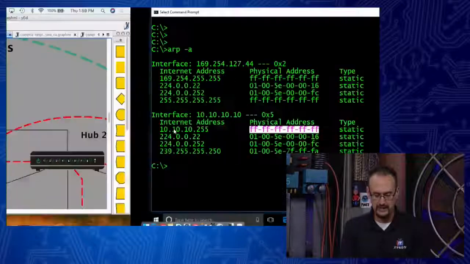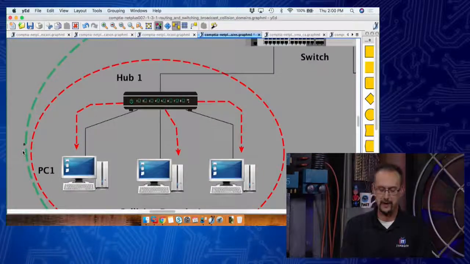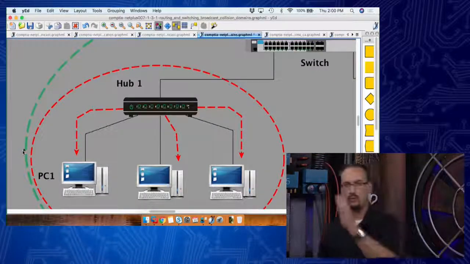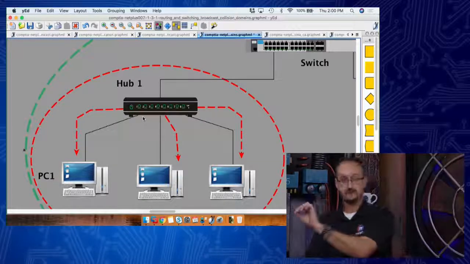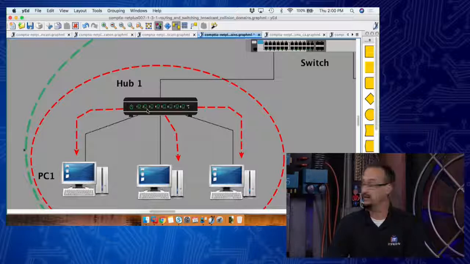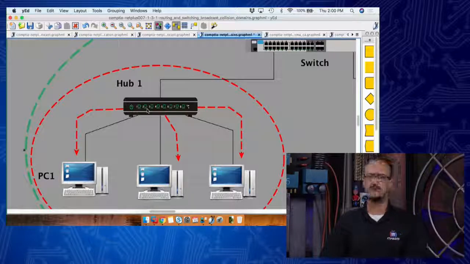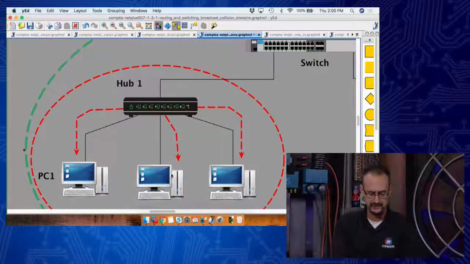So when this switch receives a broadcast communication, let's follow this train of thought down the wire, quite literally. PC1 sends a communication into the hub that is addressed to all Fs, that broadcast address. Remember, the hub, it's dumb. It doesn't look at that address. It doesn't care, doesn't know any logic at all. It receives the information and it broadcasts it to everybody that's connected to it, including the switch. Notice how the switch is also connected to the hub.